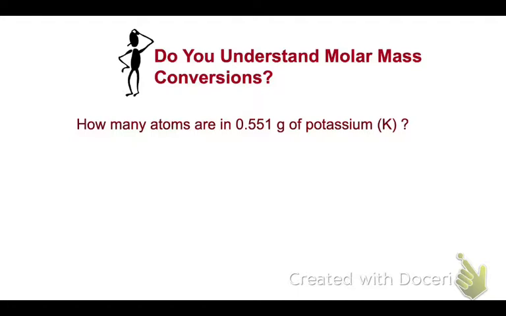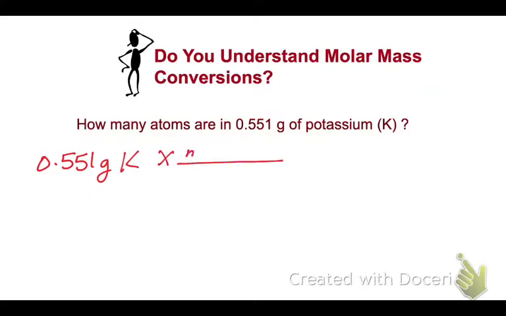Now, how many atoms are in 0.551 gram of potassium? So we will start by saying there is 0.551 grams of potassium. I'm going to have to convert that into mole.